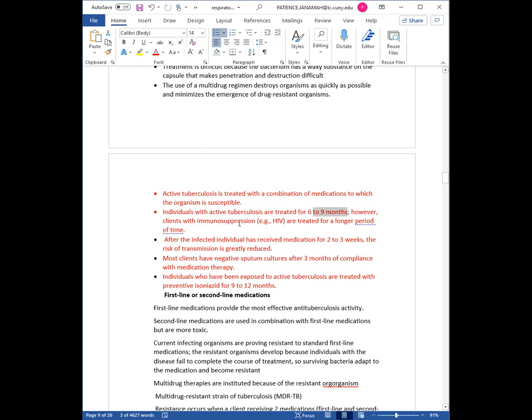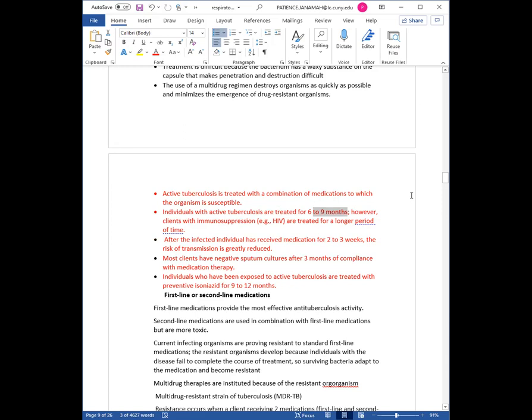However, clients with immunosuppression, HIV, are treated for a longer period of time. I had mentioned that before. So 6 to 9 months is the standard period, but 6 to 12 months is allowed. If the patient is immunosuppressed, treatment can go beyond 9 months, up to 12 months.